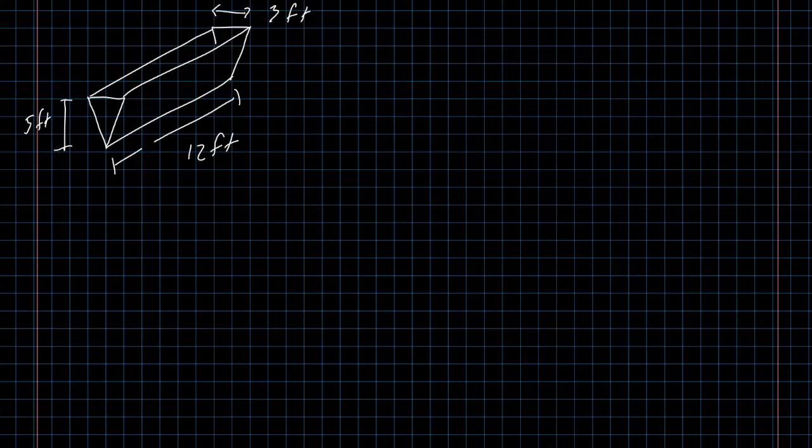All right, so we know what the shape of the trough is. And we also know that the trough is currently filled with water to some level, not all the way to the top, but at some level.